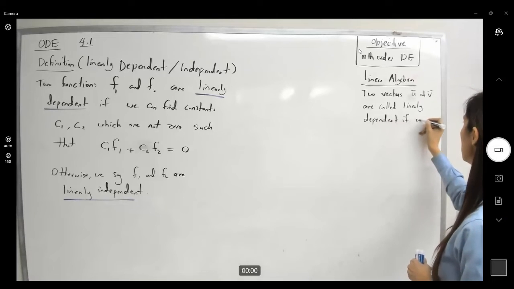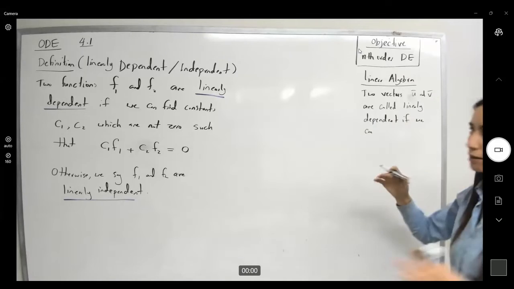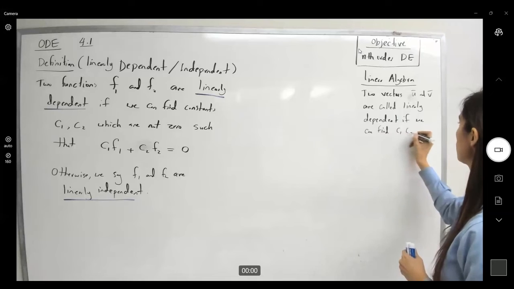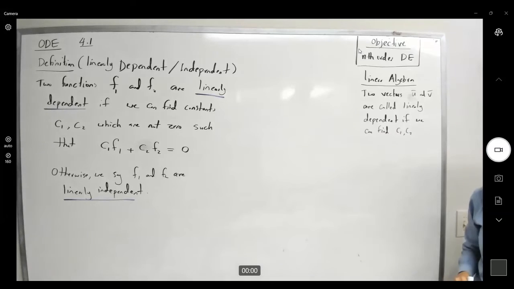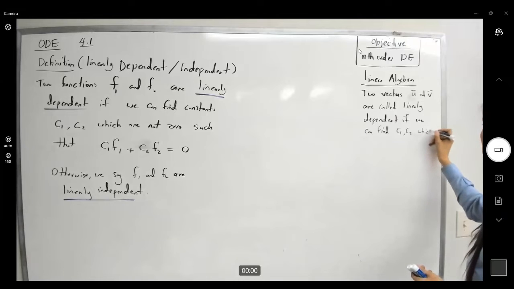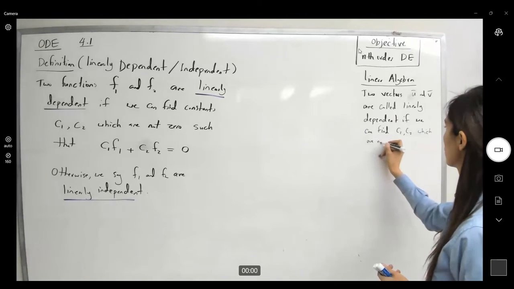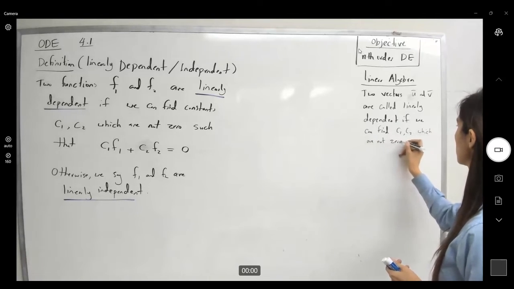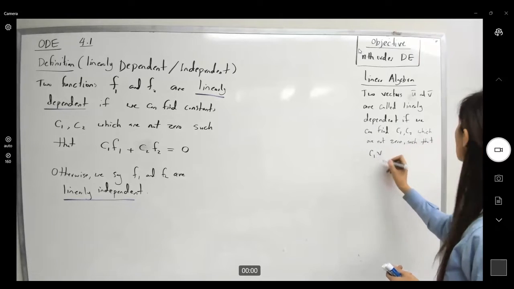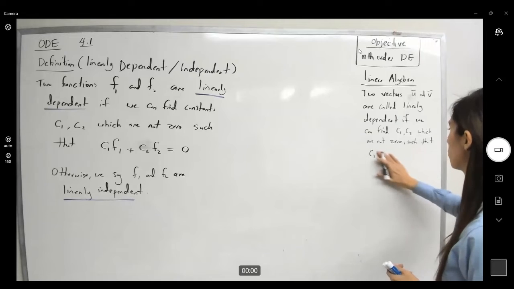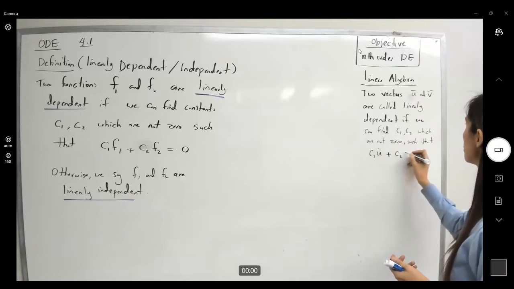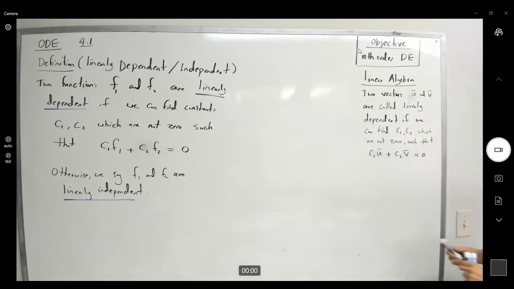If we can find, or if there exists C1 and C2, the constants which are not zero, such that C1 u plus C2 v equals 0.